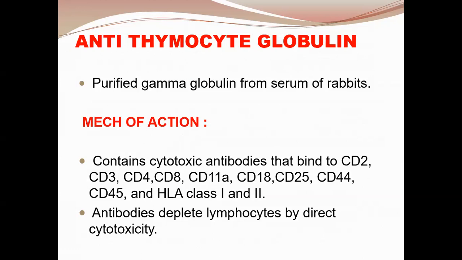It contains cytotoxic antibodies that bind to CD2, 3, 4, 8, CD11A, CD18, CD25, CD44, CD45, and HLA class 1 and 2, that is, human leukocyte antigen class 1 and class 2. And these antibodies deplete the lymphocytes by direct cytotoxicity.